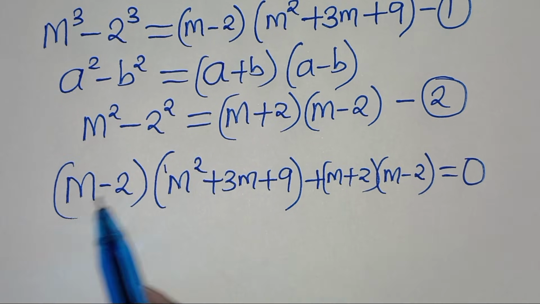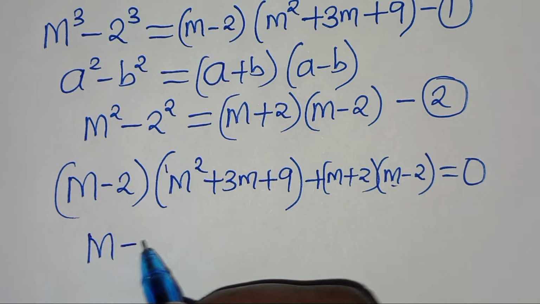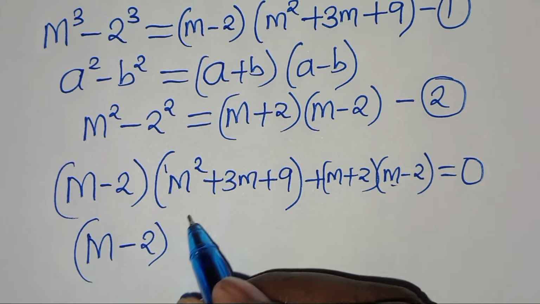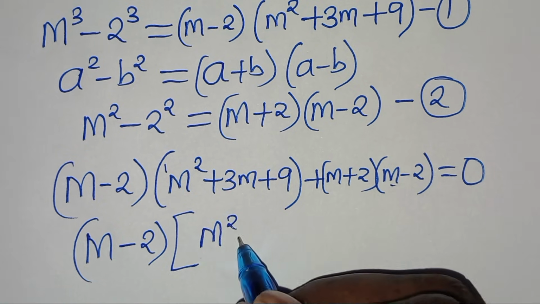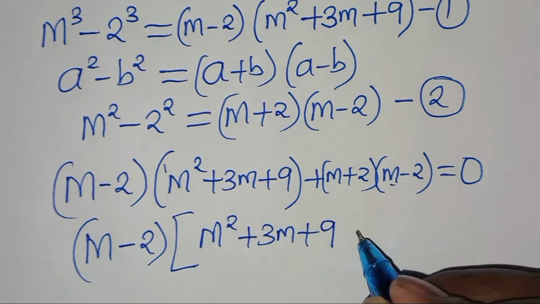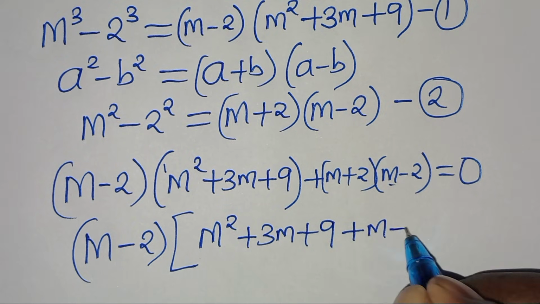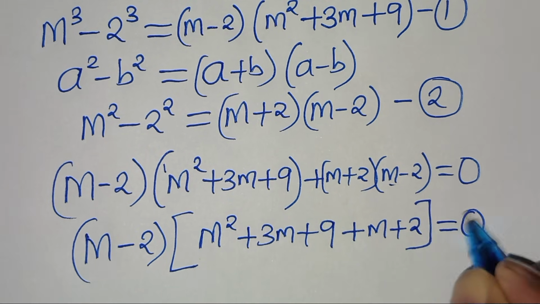So we have that m minus 2 is common here, so we can express this as m minus 2 into the parentheses, this is m to the power of 2 plus 3m plus 9, then plus m plus 2, close the parentheses, this is equal to 0.